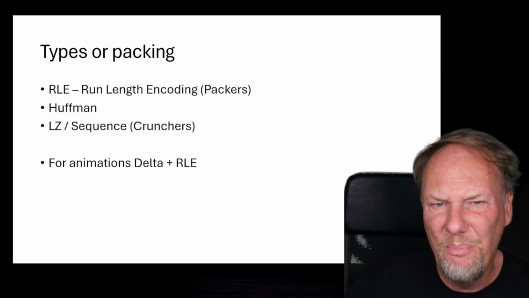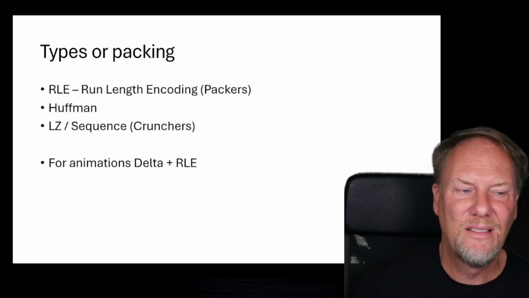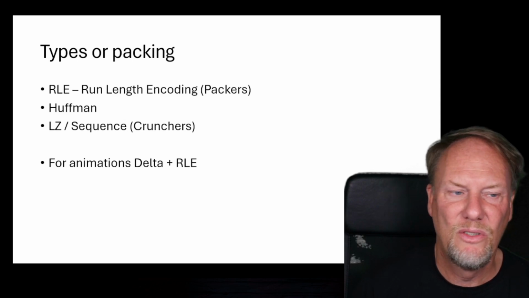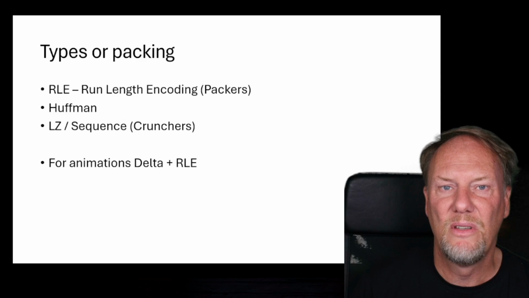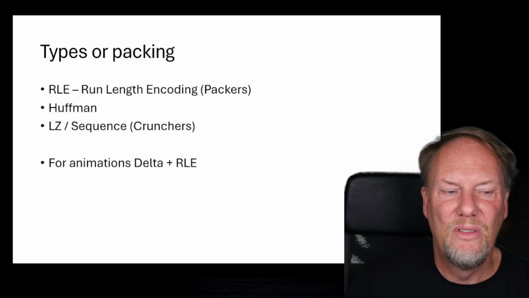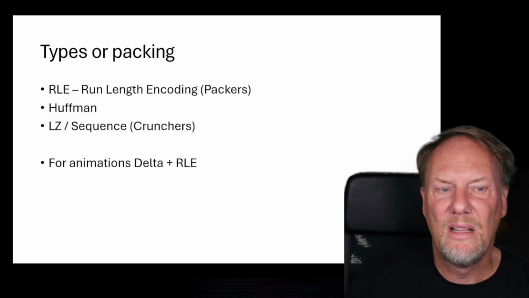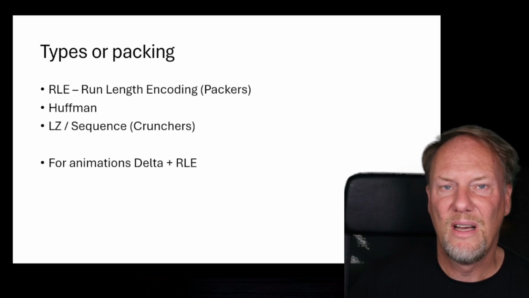It has a bit of an application also for the next one, LZ or sequence crunchers, or we tended to call them crunchers on the C64. But I will also add a little bonus in the end. That's delta compression, and delta compression isn't actually compression.